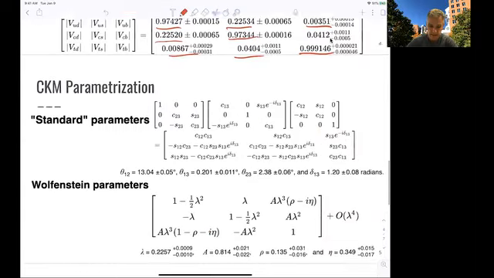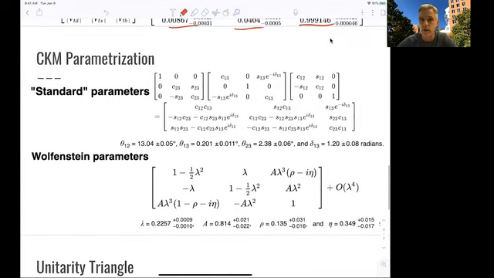Okay, this leads us to the discussion that we can use different parameterizations in order to capture those effects. We already discussed the standard parameterization, which you can really think of as 3 different rotations, and the values of those angles are given here, together with the value of this additional phase. Another way to look at this is the so-called Wolfenstein parameterization, and this captures the fact that it seems like there is a correction being applied to the actual particle.